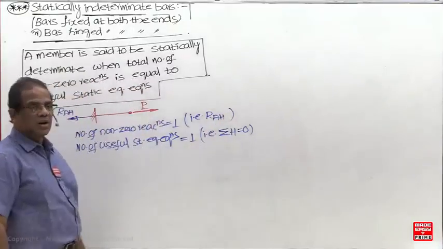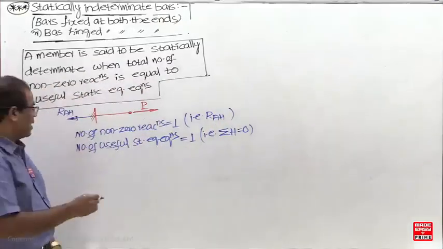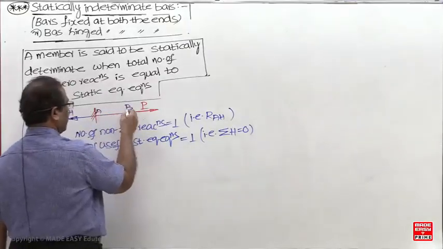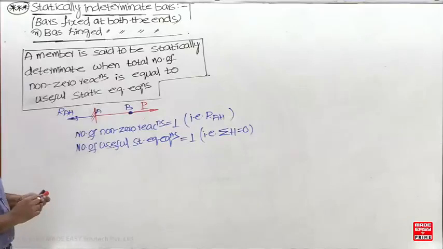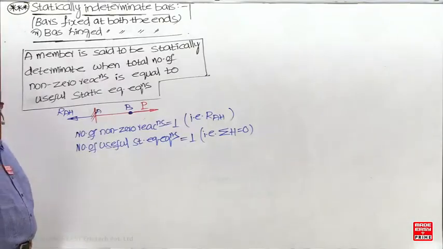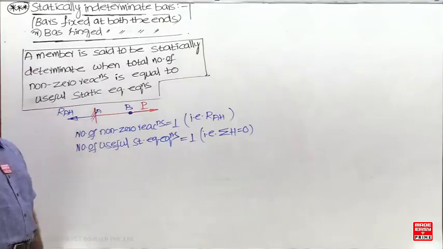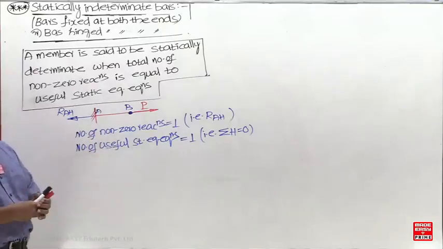One equation, one unknown. Therefore, it is a statically determinate bar. But if I now make it fixed here too, then you are going to get two non-zero reactions and one equation. Then it is statically indeterminate.